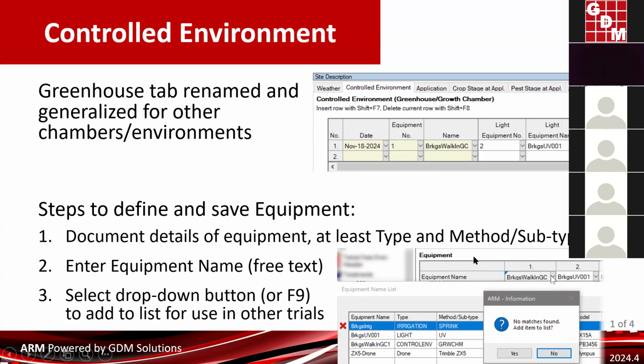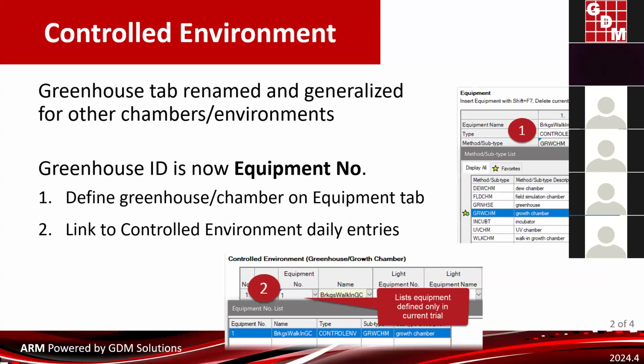So on the equipment tab of the site description, I would fill in my walk-in growth chamber, all of the details about that growth chamber in that trial. Then for each daily record of the environment, all I'm doing is linking to that growth chamber. This process is repeated in a couple of different locations, but the same workflow fits.